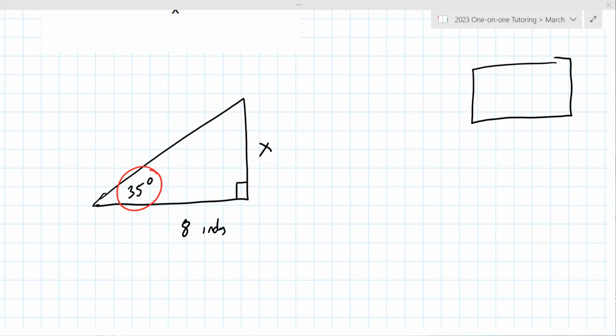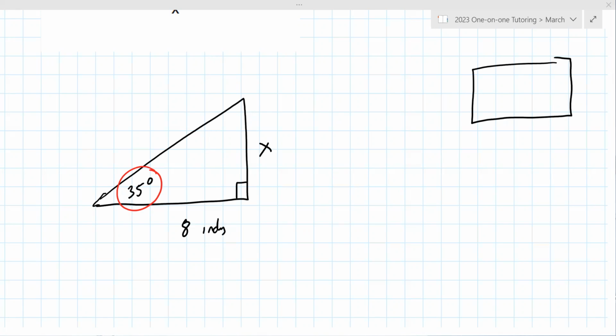So I need one that's opposite and adjacent. Opposite and adjacent. So it would be T. Yes, that's true.